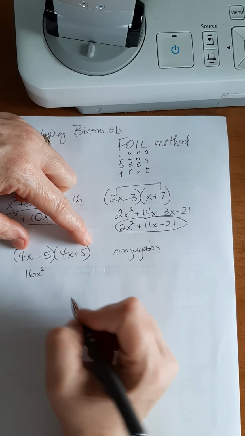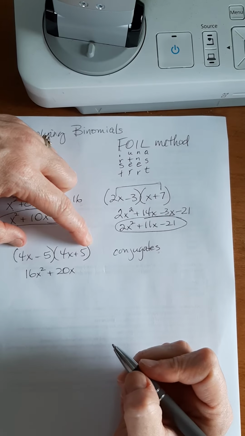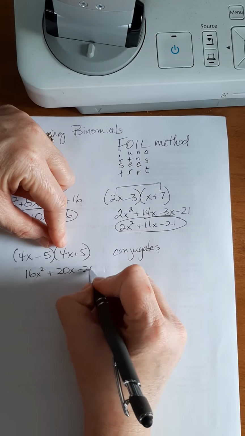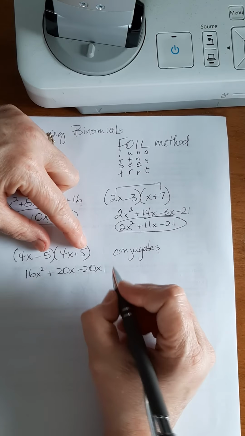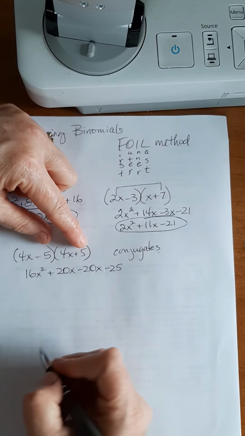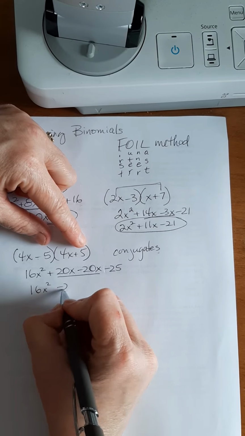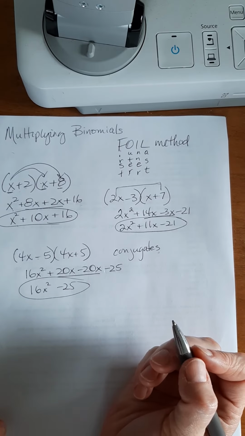Then you do your outer terms. 4x times 5, 20x. Then you do your inner terms. Negative 5 and 4, negative 20x. And then your last terms, negative 5 and 5, negative 25. Notice what's going to happen to your middle terms. They're going to cancel. And they do that every time.